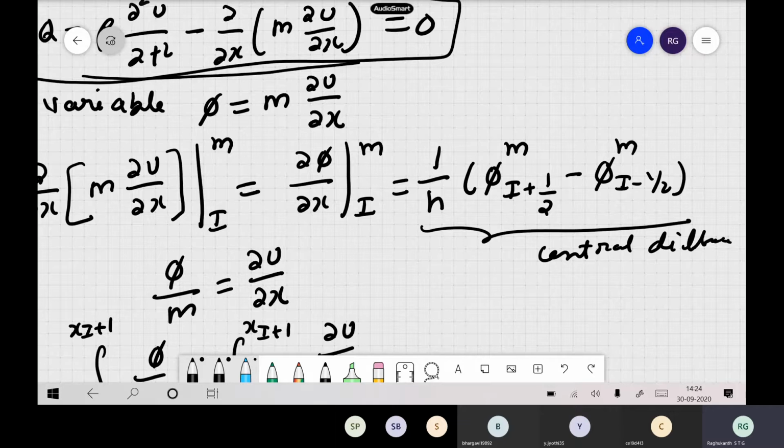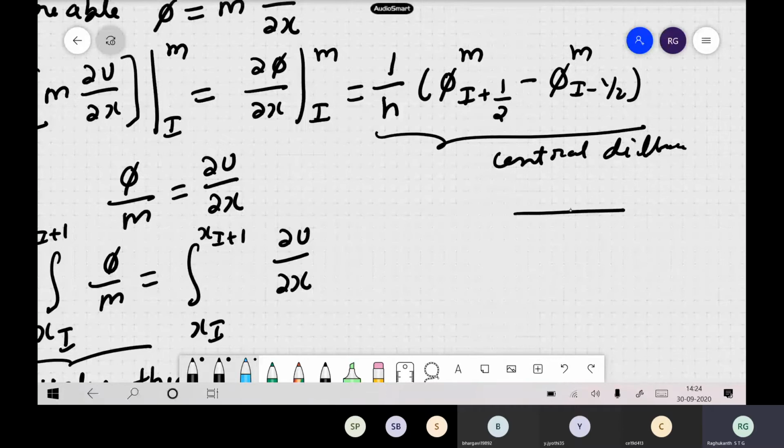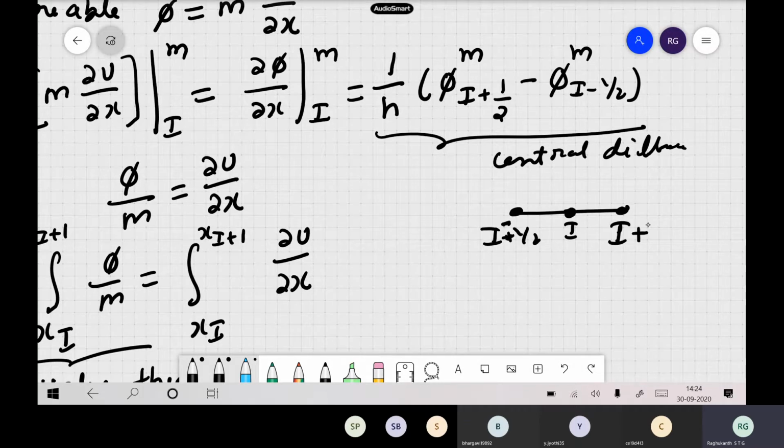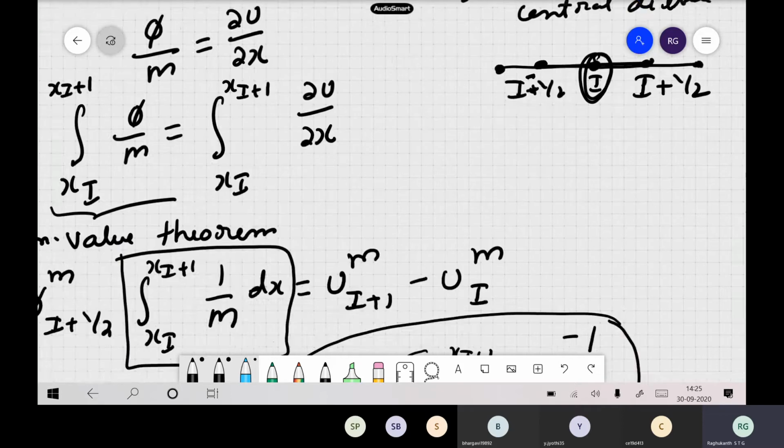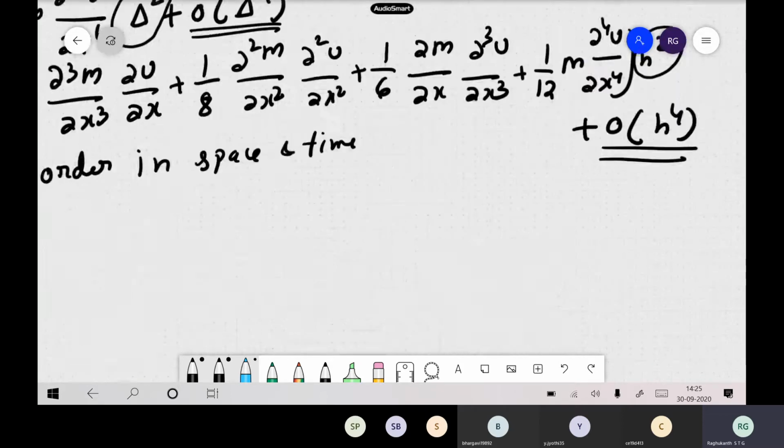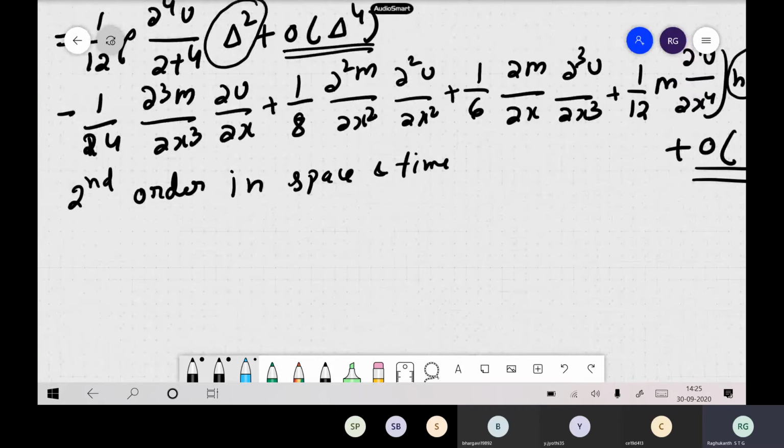It is order of h² only, Δt² only. Suppose you want to decrease the error, what you have to do is like we told last class. To compute the derivative here, you are using only 2 points, that is i plus half and i minus half. If you want to improve this, you add some more points to compute the derivative. Then obviously the higher order terms will come. That is how you can decrease your error.